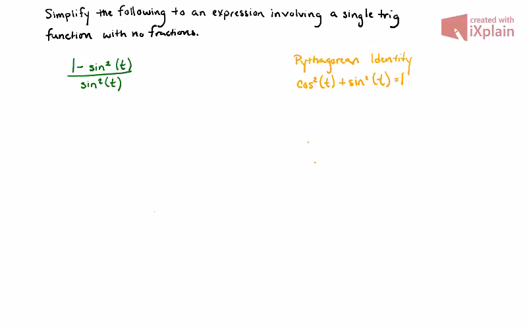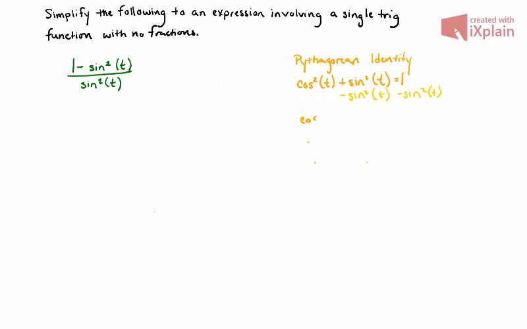So notice that if I were to just modify this a little bit by subtracting, not that one, my fault, by subtracting sine squared of t from both sides, that I'm suddenly going to get a useful piece of information.